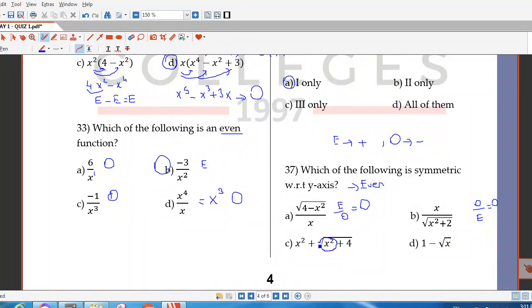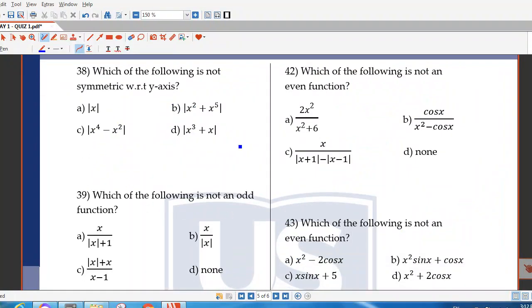And if you pay attention, I have all even powers and number, they are all even. So even plus even becomes even. And 1 is actually even. Root of x, none of them, so there won't be any answer here. We were looking for the even statement, which is C.